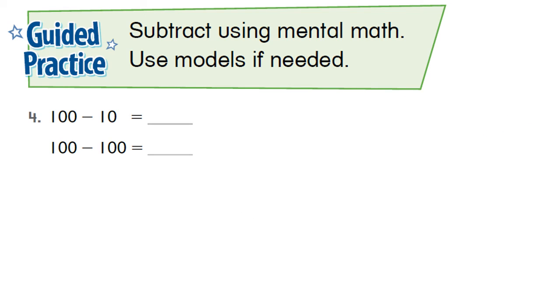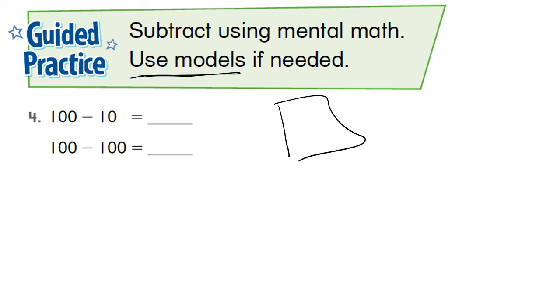This is number 4. And this one is a bit tricky. So I am going to go ahead and use the models because I think we might need them. So 100 is 1 flat. 100 minus 10. I can't take a rod because I don't have any here.